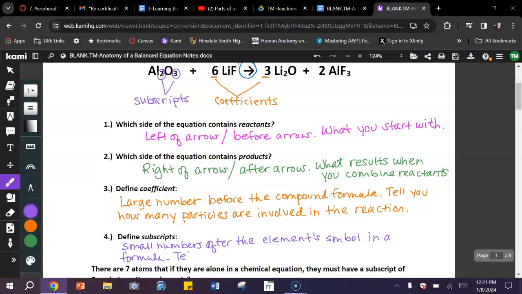And they are going to tell how many atoms of an element are in the compound.